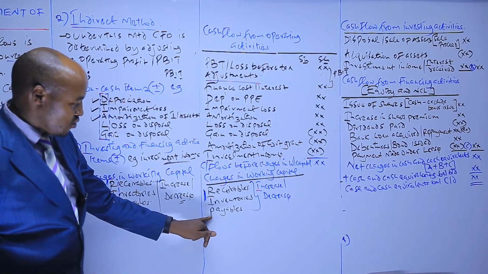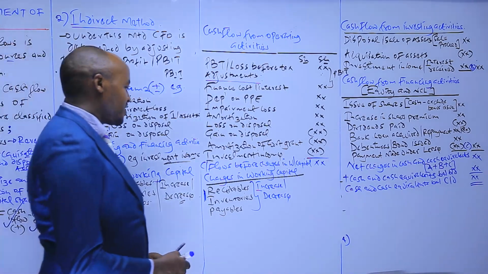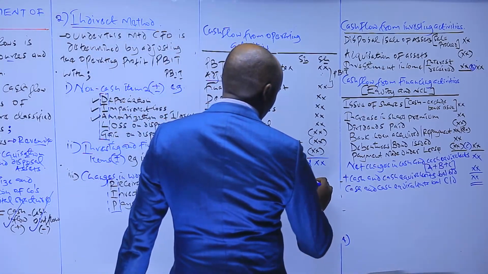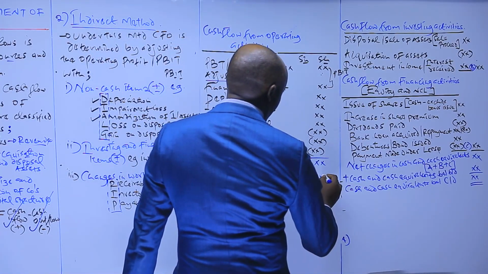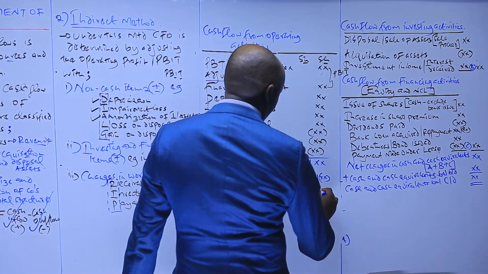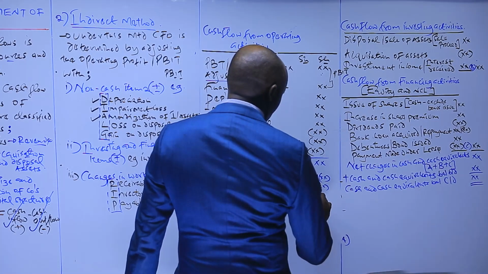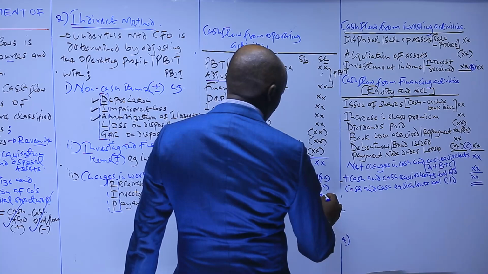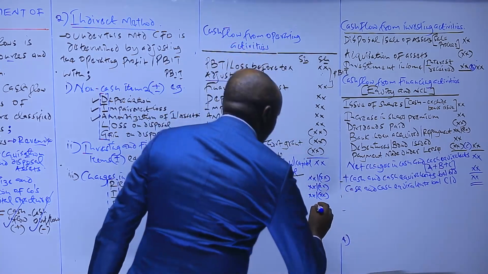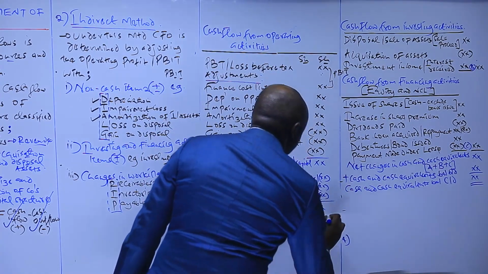The reverse is true when it comes to liabilities. So you determine whether there was an increase or decrease, and then whether that is a cash inflow or a cash outflow. And then adjust that to your figure up there.